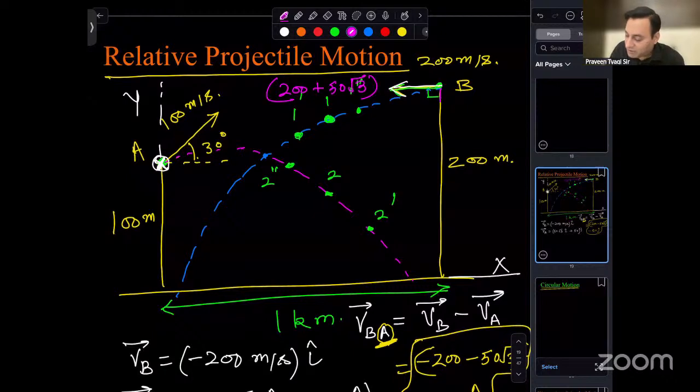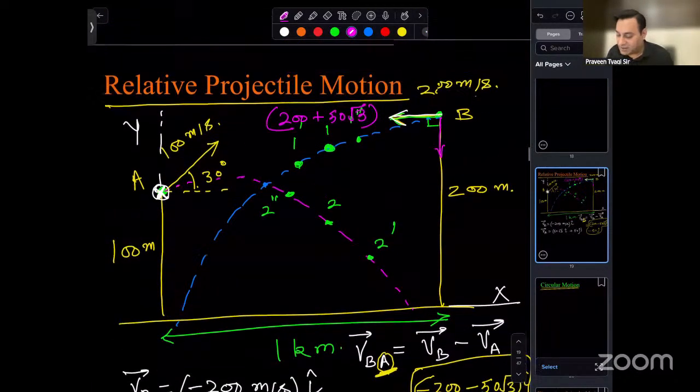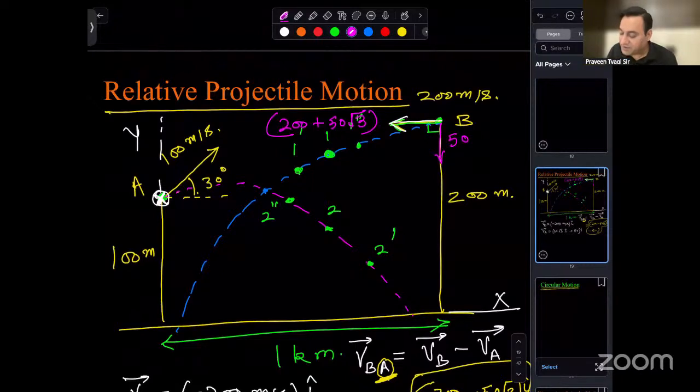And in the minus y direction, it will have a component of 50, minus 50 j cap. So A will feel he's at rest, and he will find B is moving in this direction. The resultant velocity will come out to be something like this. He will find it moving like this.